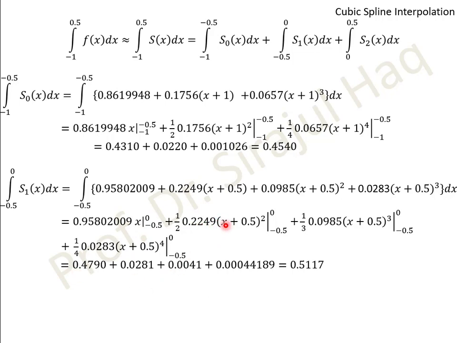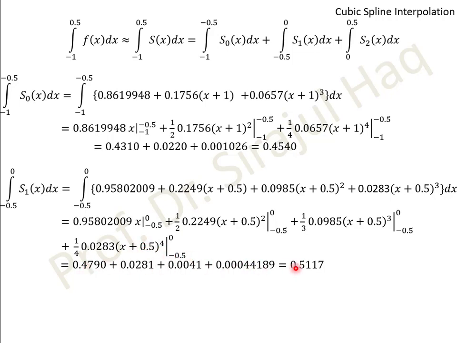This number multiplied by, substitute x is equal to 0 minus x is equal to minus 0.5. You are getting this value. Replace x by 0 minus x by minus 0.5. You are getting this third value. And replace x by 0 minus x by minus 0.5. You are getting this value.